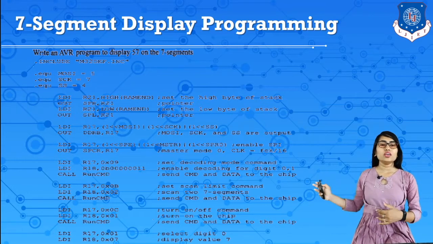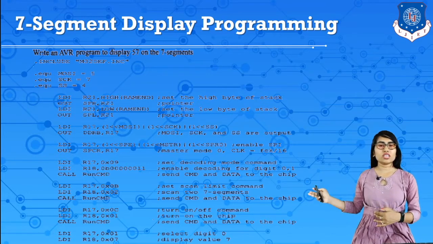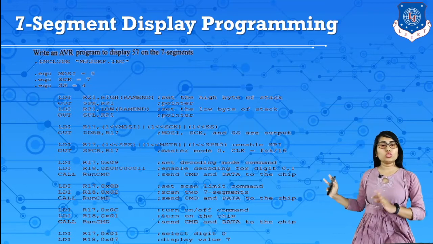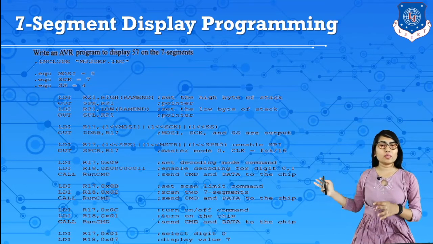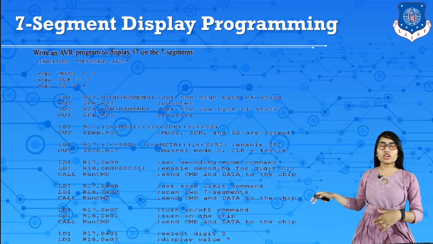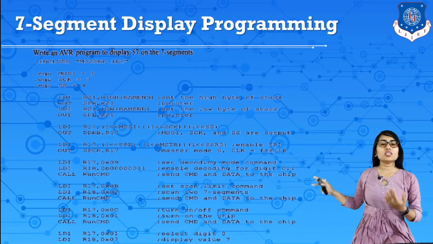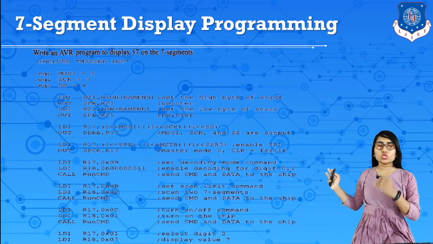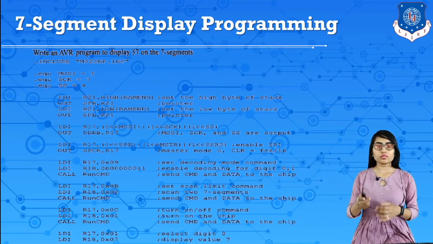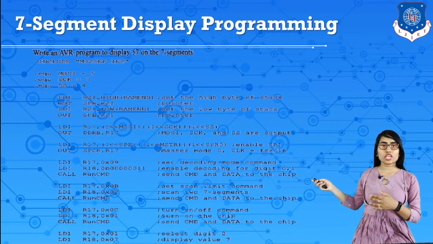Okay, then here set the scan limit command and scan the 7 segment display, and then send the command and data to the IC. So after sending this command and data, turn on the chip with the shutdown command, send this command and data to the chip, and then select digit 0 and display the value 7.